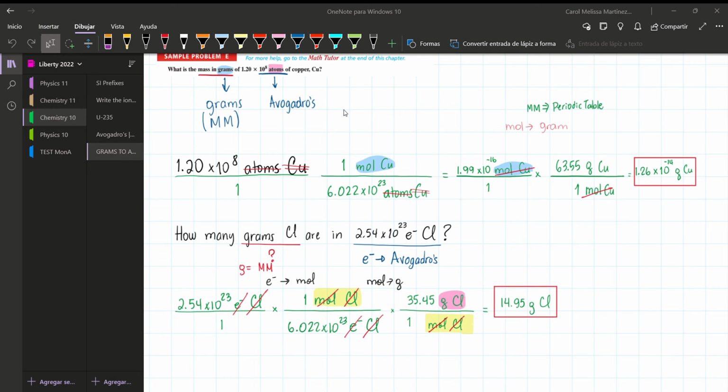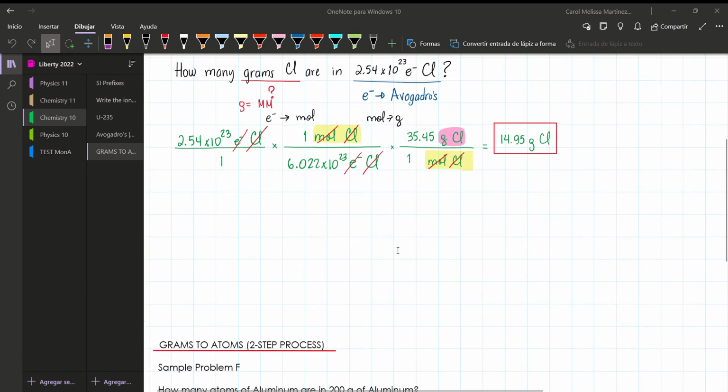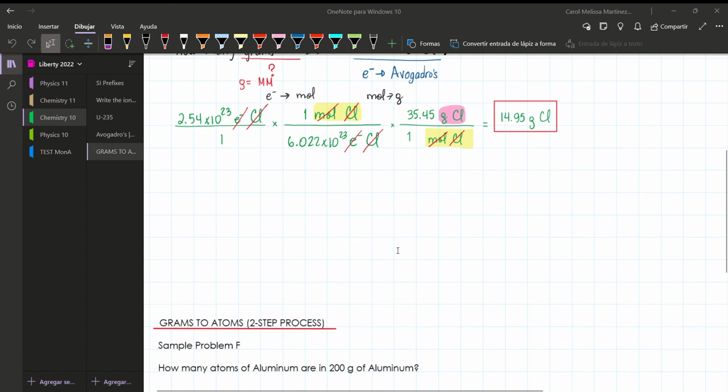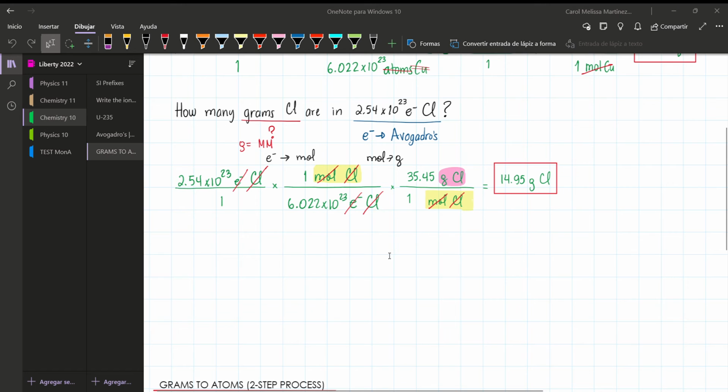Okay, the second. Okay. Bueno, the second one it is, because all of you told me the second one. Let's do one more example to get ready for the next one.